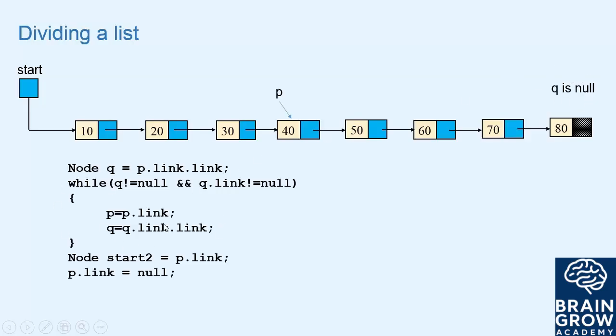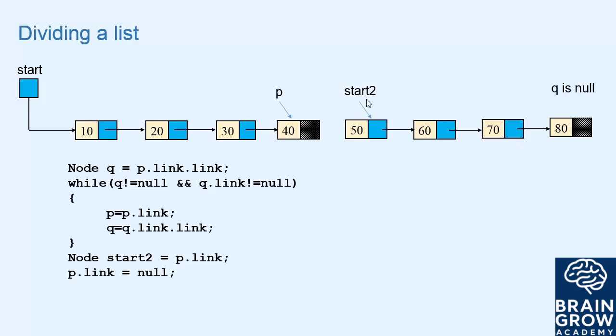So this loop terminates. Now we make start 2 equal to P link. So the reference start 2 refers to this node and we make P link equal to null. So this becomes null. So now we can see that our list has been divided into two lists and this start 2 refers to the first node of the second list.